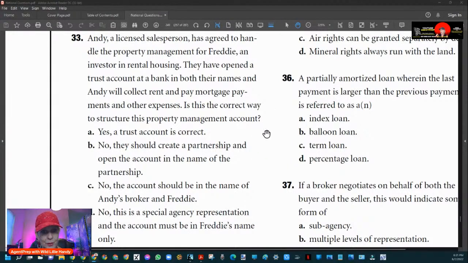Is this the correct way to structure this property management account? A, yes, a trust account is correct. B, no, they should create a partnership and open the account in the name of the partnership. C, no, the account should be in the name of Andy's broker and Freddie. Or D, no, this is a special agency representation and the account must be in Freddie's name only.